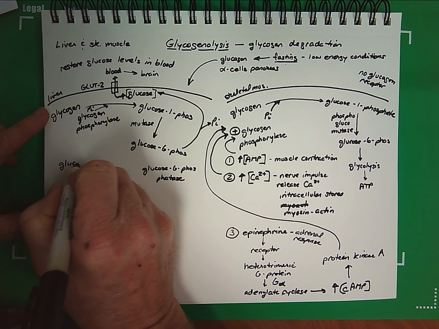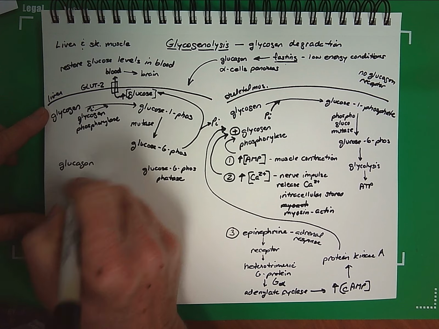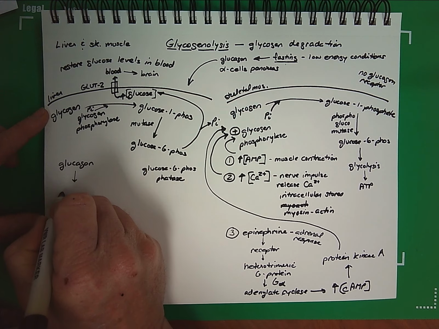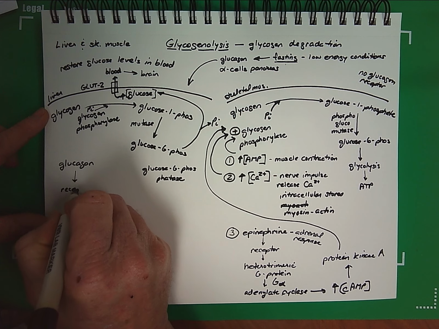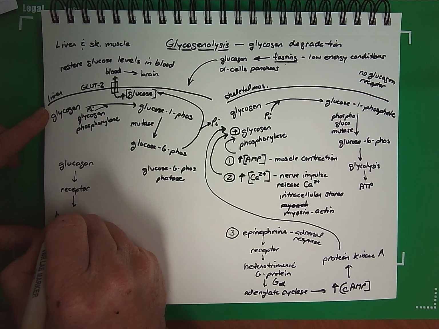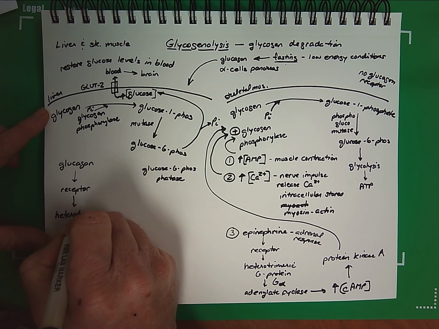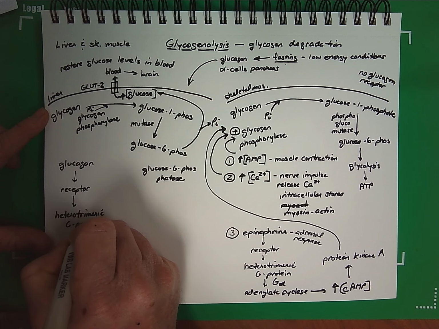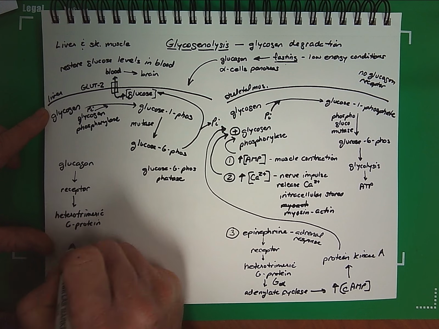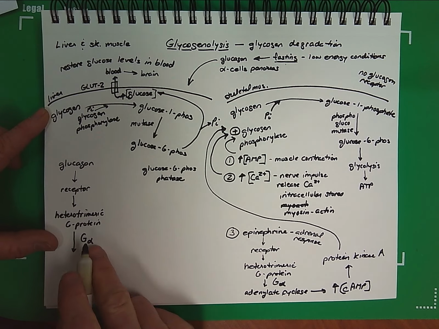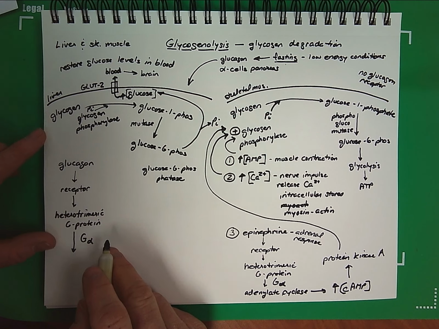Recall the signaling is very similar to epinephrine. Glucagon binds to its receptor. The receptor activates a heterotrimeric G protein, predominantly G alpha. The G alpha subunit dissociates from the beta and gamma.